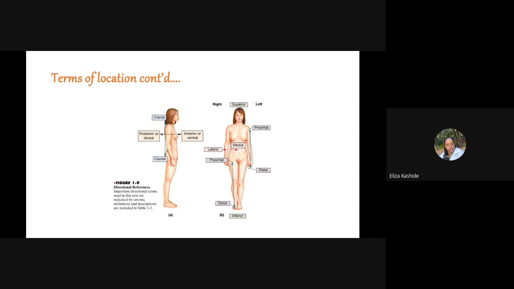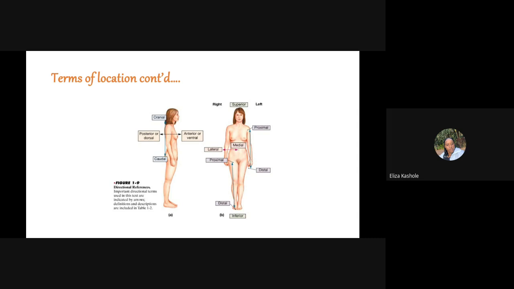All right. So in this picture we're talking about cranial, which is near the head. Caudal means tail, but we don't have tails, so it means how low. This is in relation to the transverse or horizontal plane. So caudal is how below, cranial is how above, how near it is to the head.